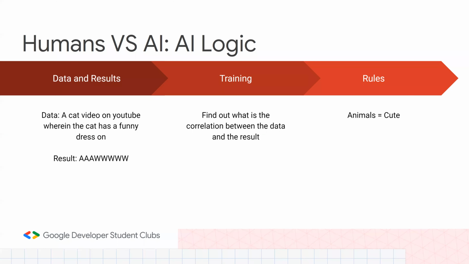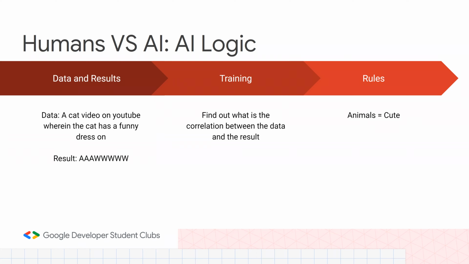And after this training phase, as we call it, we can evaluate it on other data that the AI has never seen before. Let's say we fed it all cat videos of cats with tutus.